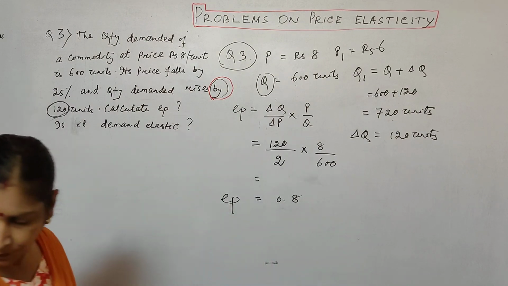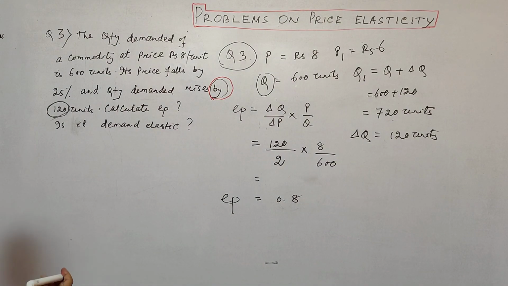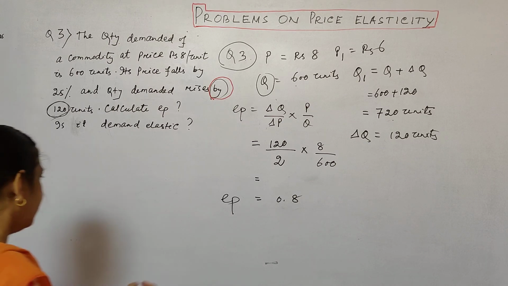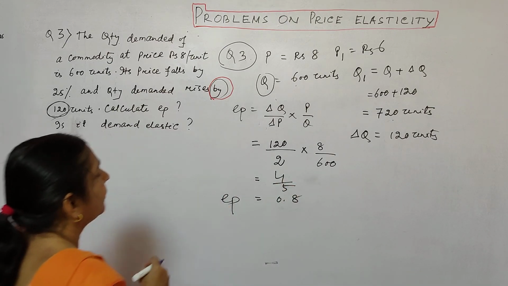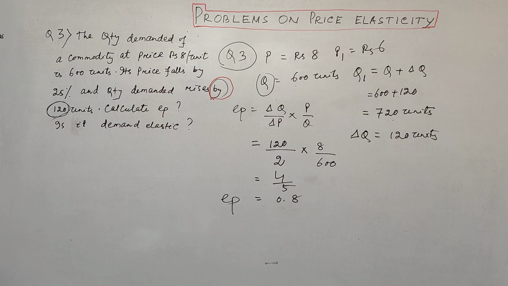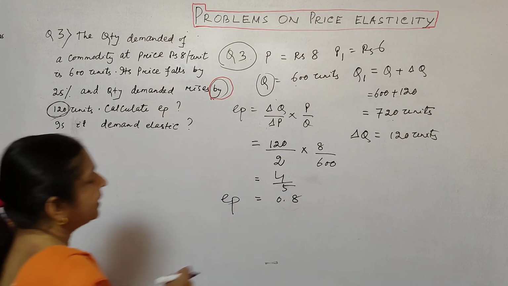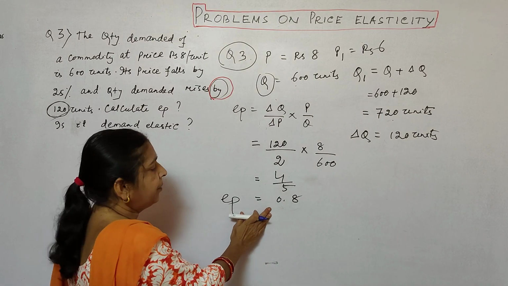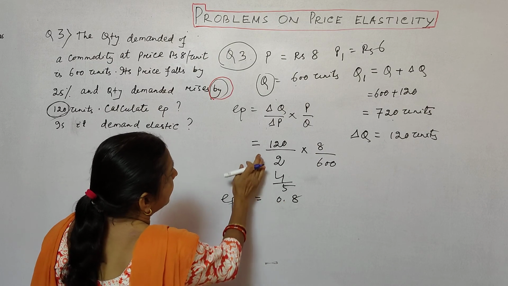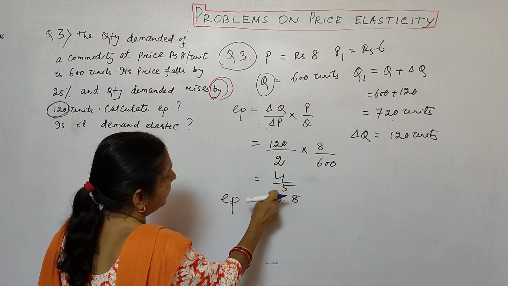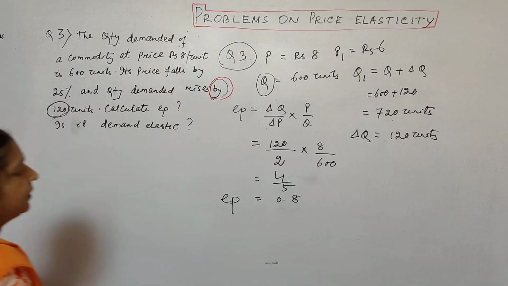So this is the final value of EP. By solving all this, we get 4 by 5 equal to 0.8.